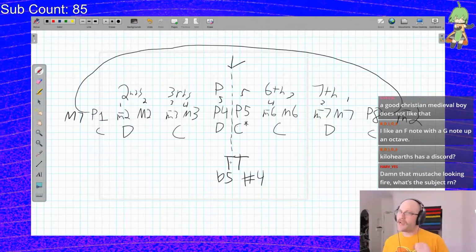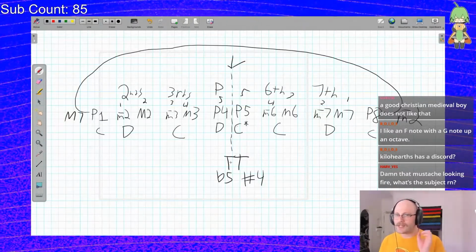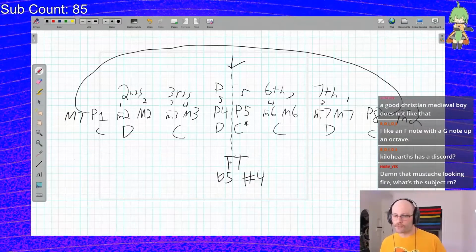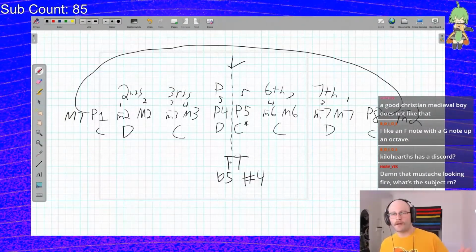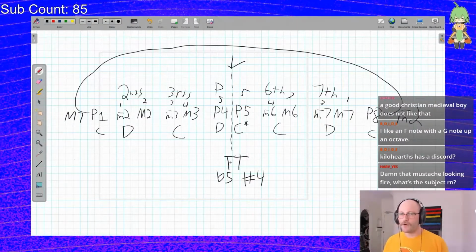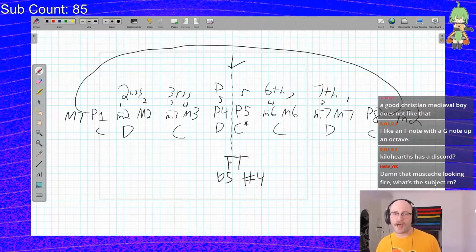Now, tritones are always considered dissonant. When you are writing Baroque era counterpoint, for now, you are forbidden from using tritones ever.